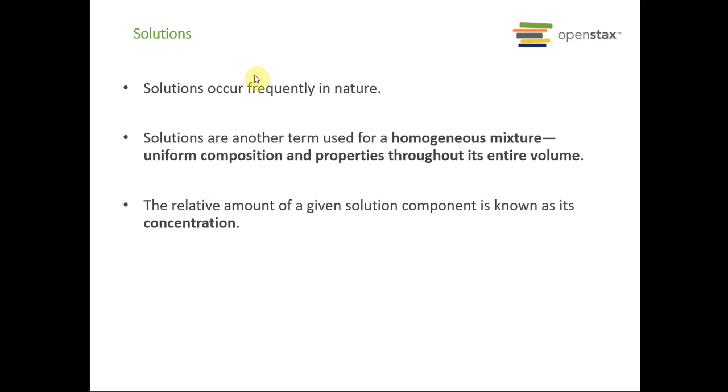Solutions occur frequently in nature. Solutions are another term used for a homogeneous mixture, with uniform composition and properties throughout its entire volume. The relative amount of a given solution component is known as its concentration.